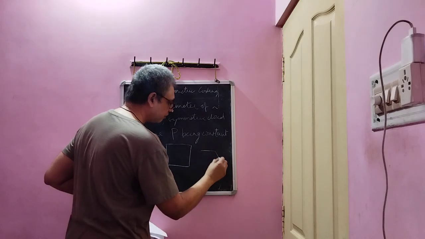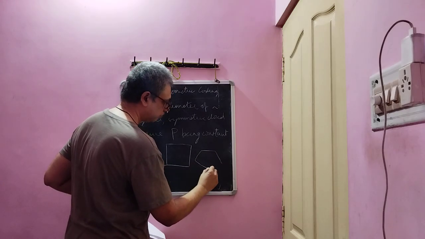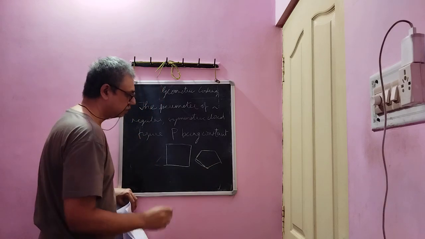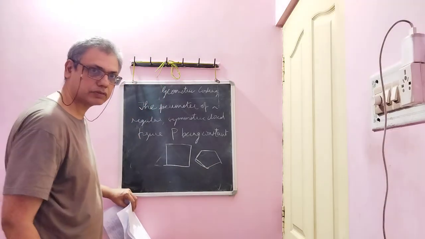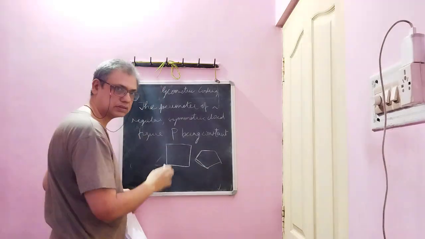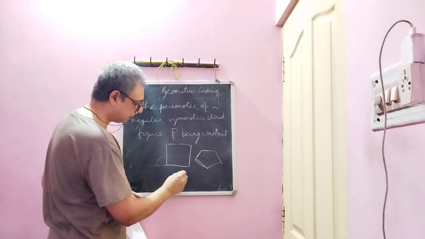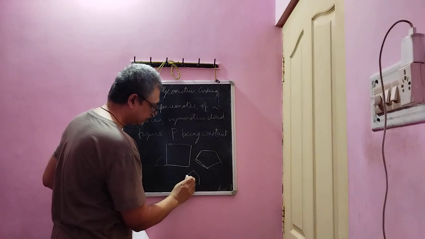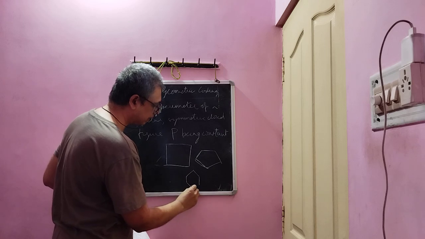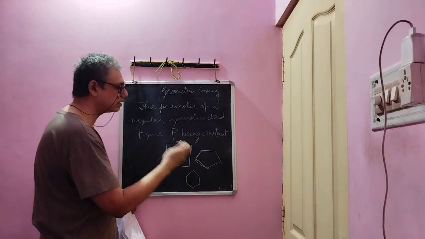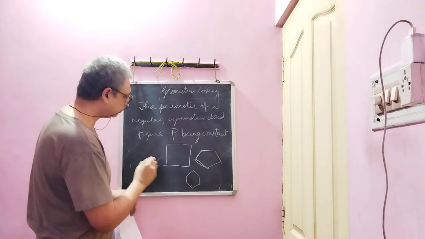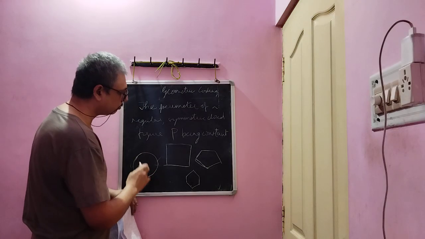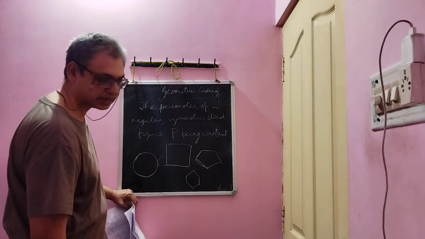Same for a five-sided figure also. The area enclosed by the five-sided figure will be more than that enclosed by the square, perimeter being the same for both, and the area enclosed by a six-sided figure will be more than that enclosed by the five-sided one. As the number of sides increases and the figure becomes closer and closer to a circle, the area enclosed by the circle will be the maximum.